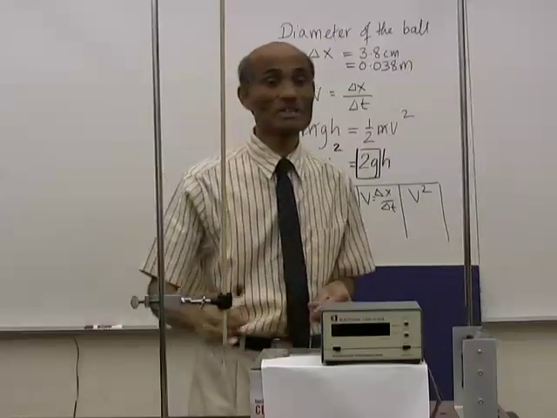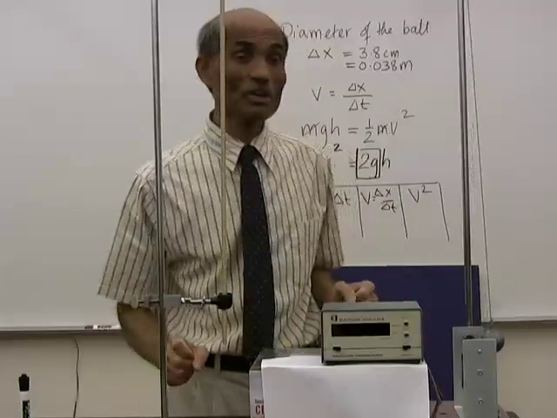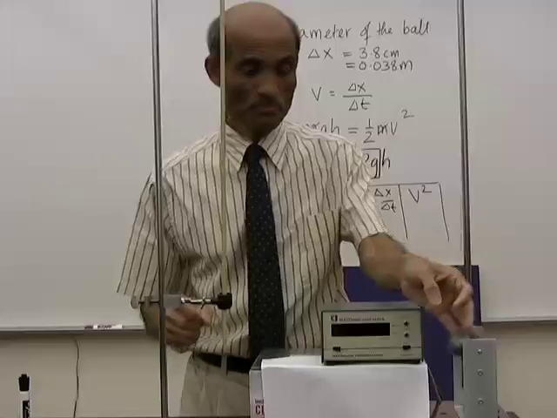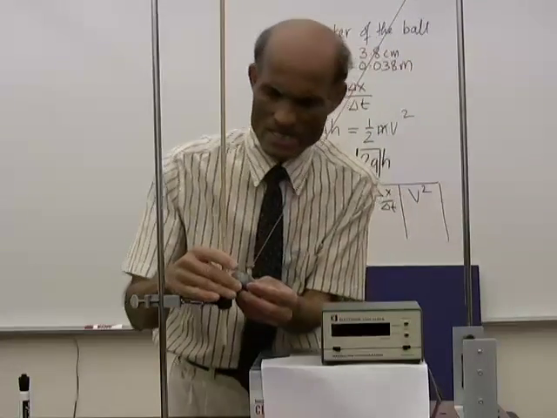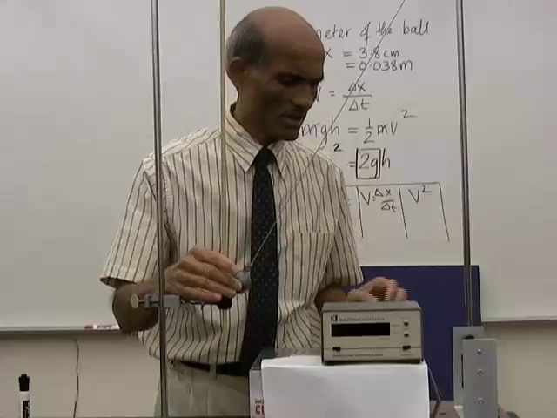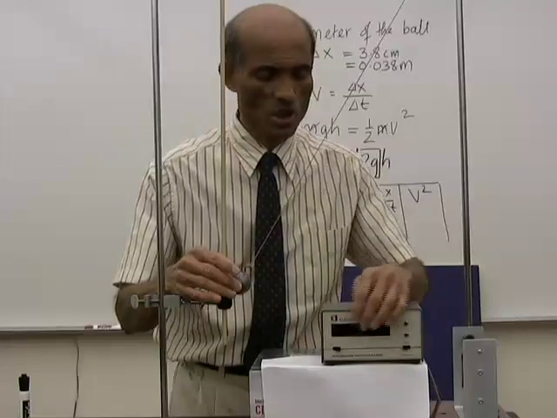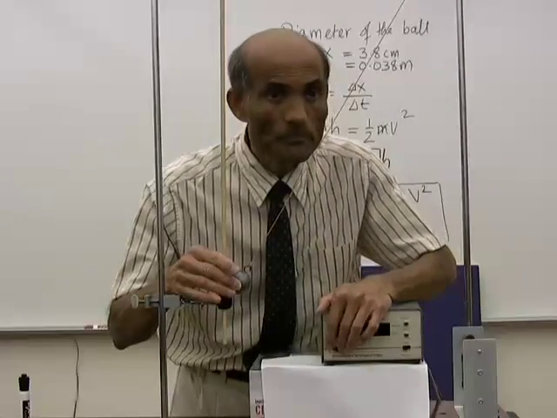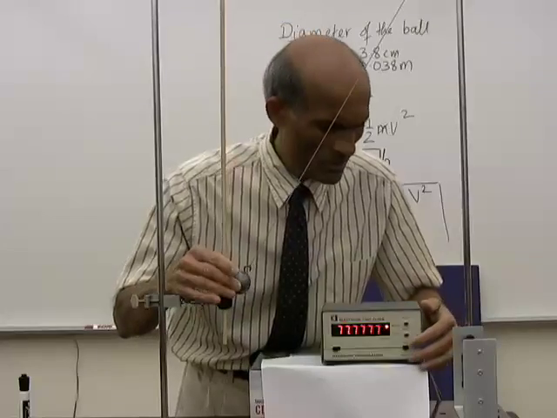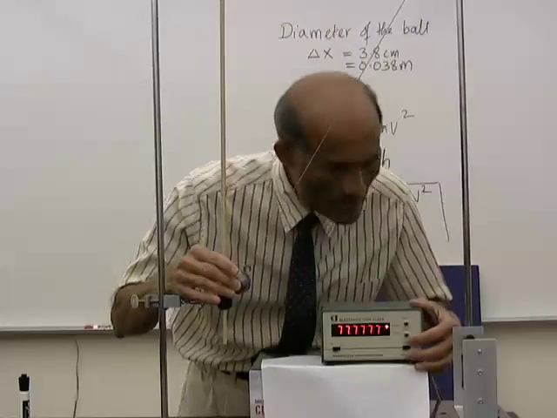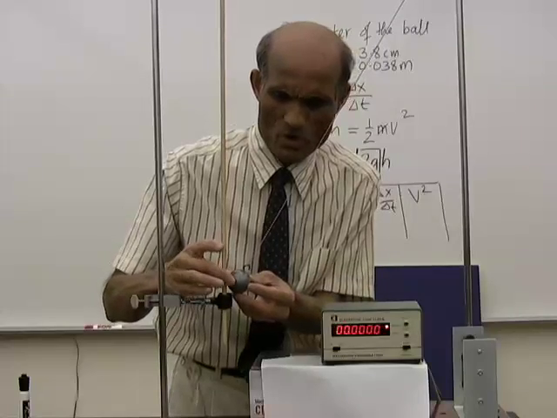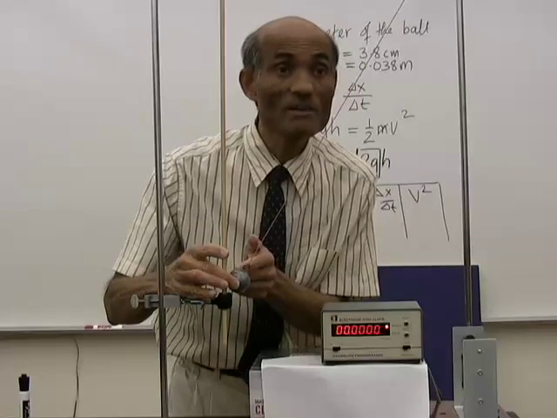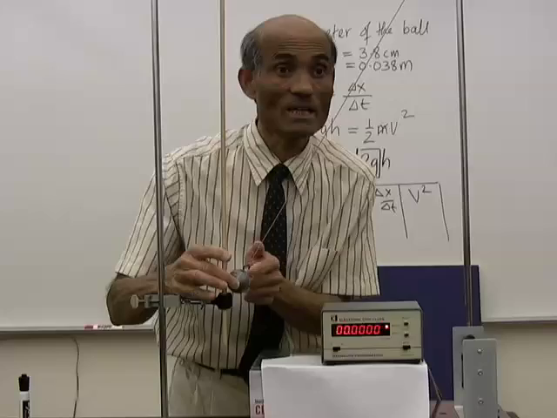Let's do the experiment. For the first trial, I'm going to raise the ball to a height h. This is now a height h. I'm going to turn on the clock. All right, reset it. And now, what is this h value? I gave it to you. This is 10 centimeter.